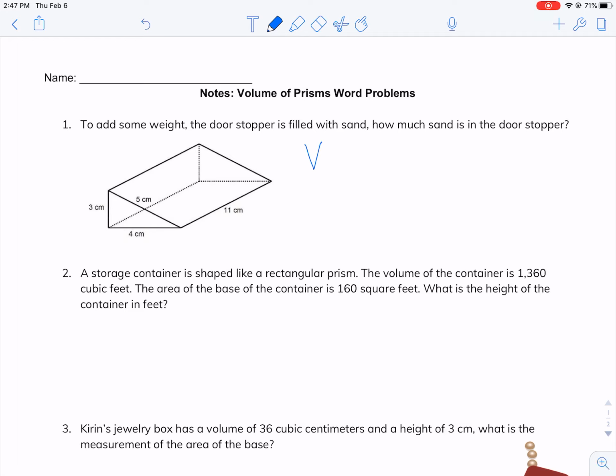So the volume formula of a triangular prism is V equals big B times H. We know that the big B stands for base area, and the base area is the triangle's area. It's the triangle because the line that connects the two bases would be the height.